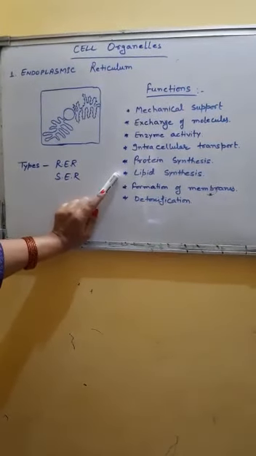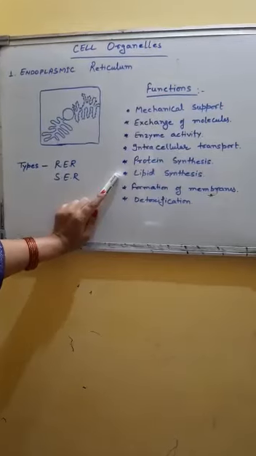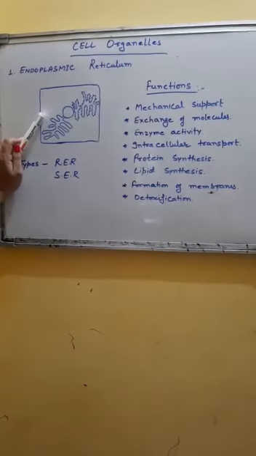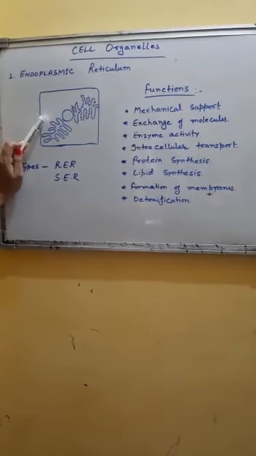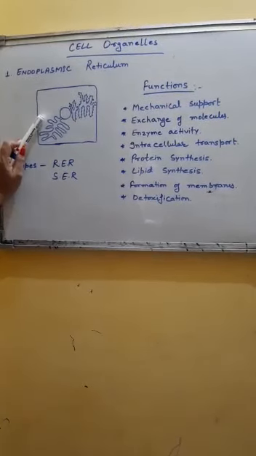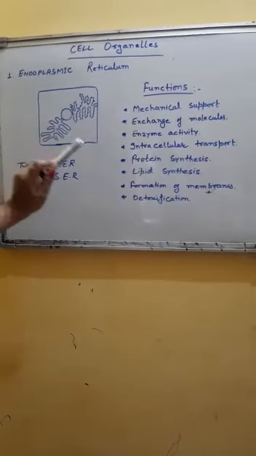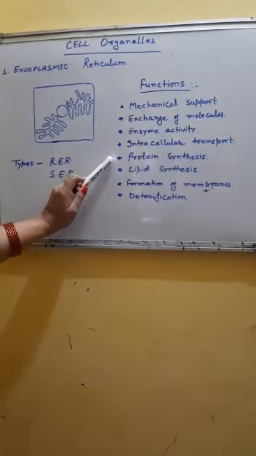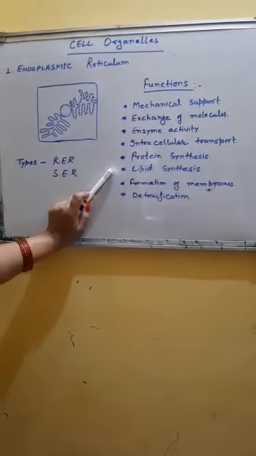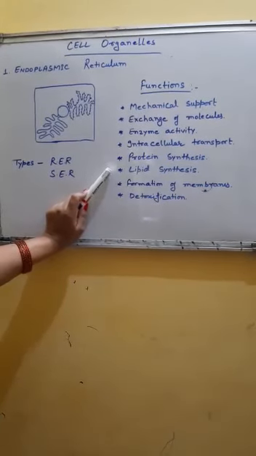Endoplasmic reticulum is also responsible for lipid synthesis. SER has a special feature of lipid synthesis. So, if we combine RER and SER together, protein and lipid formation is a very important function carried out by endoplasmic reticulum.